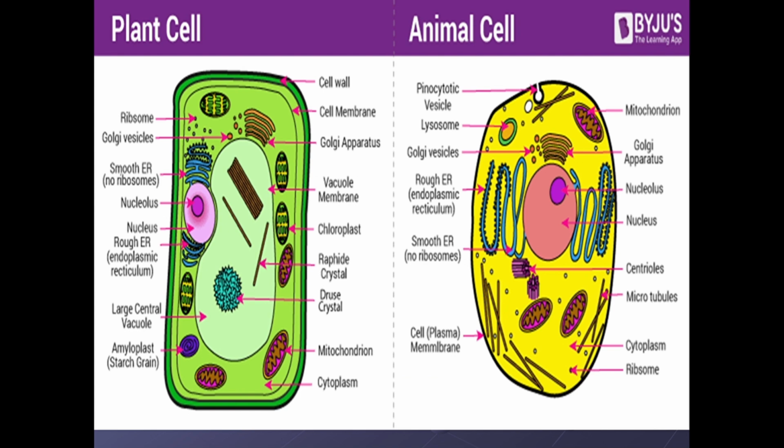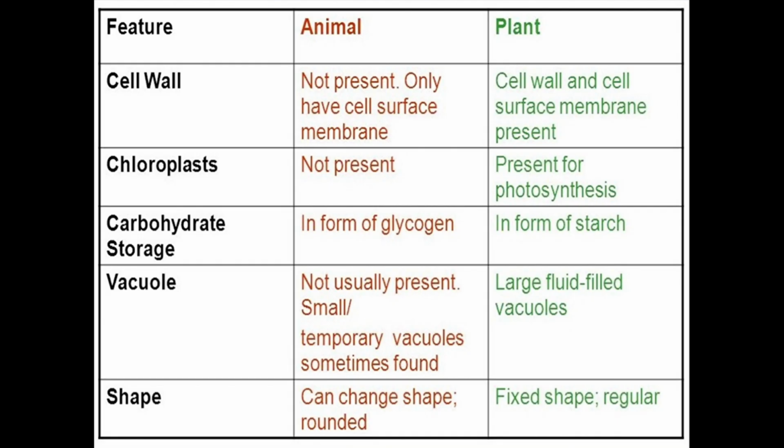Observe the diagram and also observe the names which are given in the diagram. This figure is about the plant cell and animal cell. You know that the main difference between the plant cell and animal cell is the cell wall.